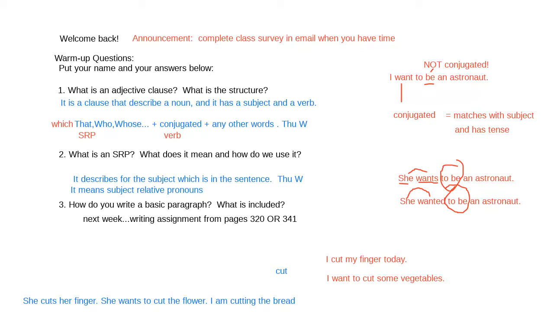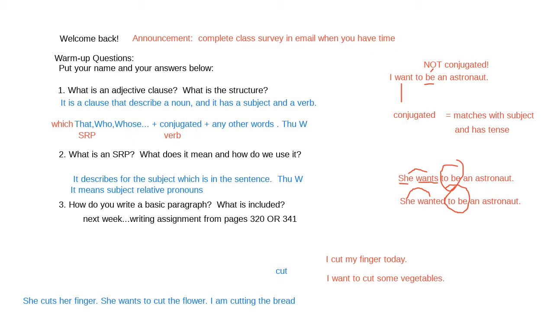You need to go back to chapters 1, 2, 3, 4 and look at those tenses. Tense means time, okay? Past, present, future, all that. So an adjective clause that we've studied so far has an SRP, and then a verb, and then any other words that need to go with it.